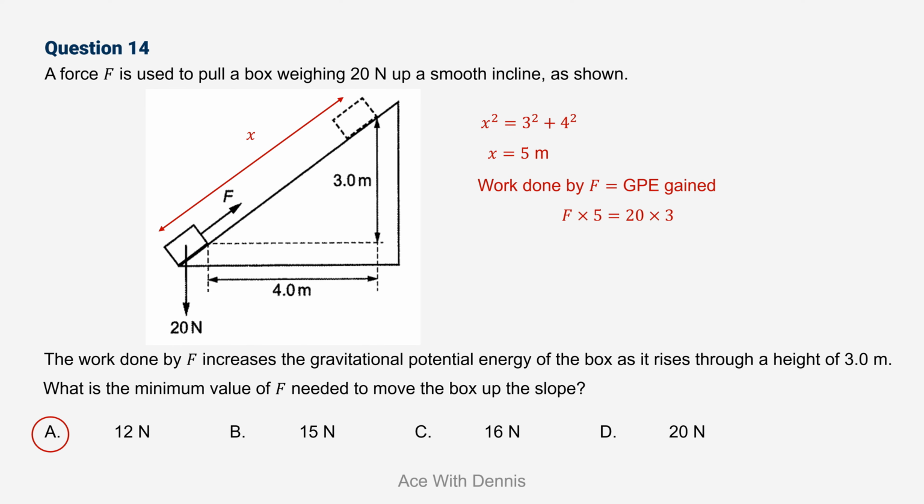Work done will be F times the distance in the same direction as the force, so it's F times 5, and that equals the GPE, which is 20 times 3, as this is mgh. mg is the weight, which is 20 newtons, and the height will be 3 meters. Hence the force will be 20 times 3 divided by 5, which gives us 12 newtons.